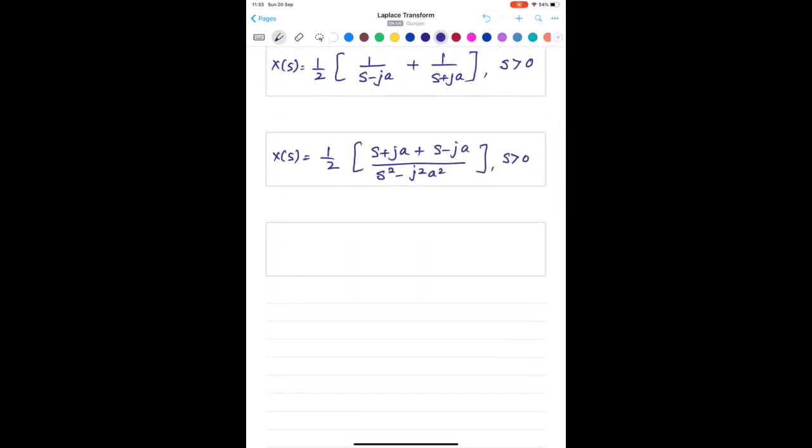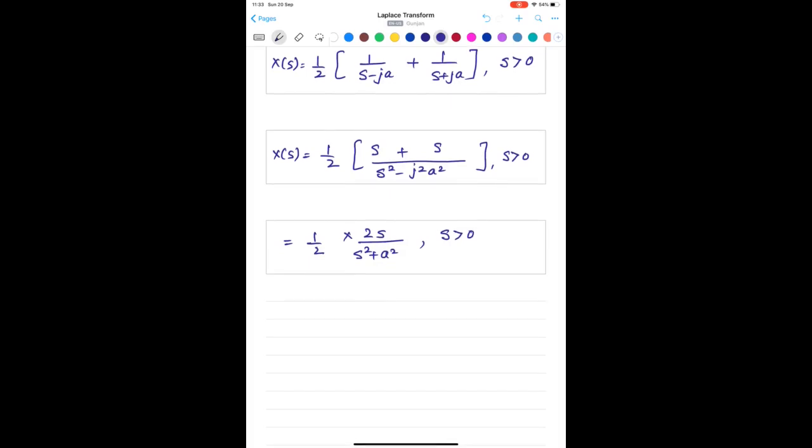So you can say that this will cancel out with this. Okay, so you can say equals to, so it is 1 by 2 into 2s divided by s square plus a square with s greater than 0.